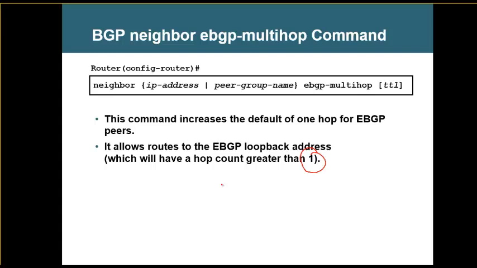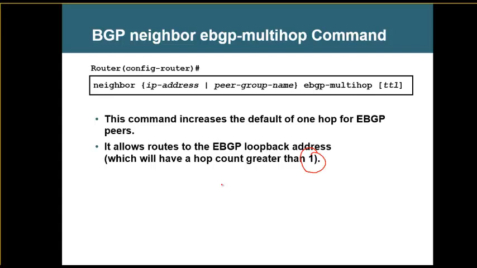So it's the same time to live that is used by BGP to control the neighborship. eBGP cannot be more than one hop away. In another word, eBGP neighbors' network should be seen as directly connected in the routing table.